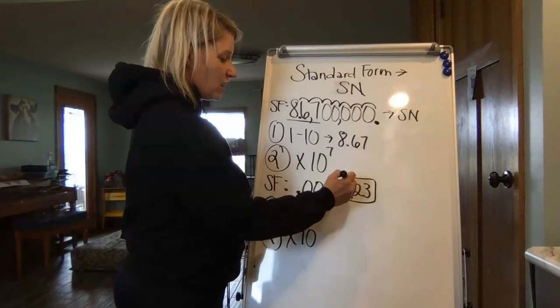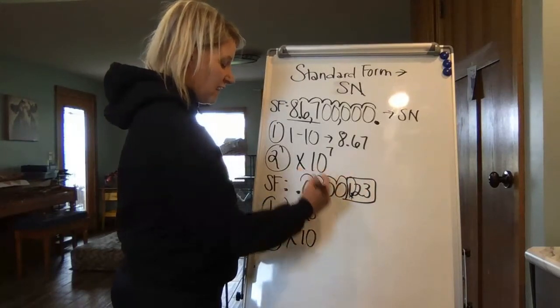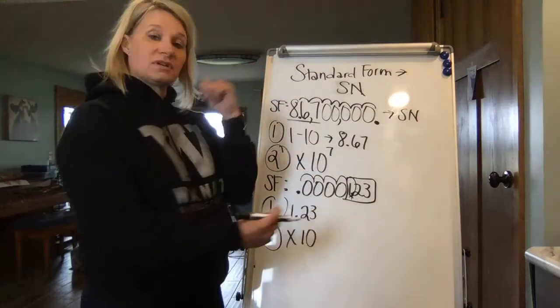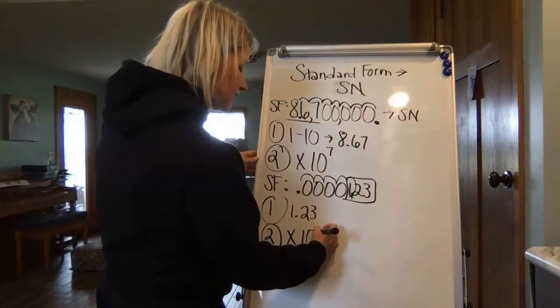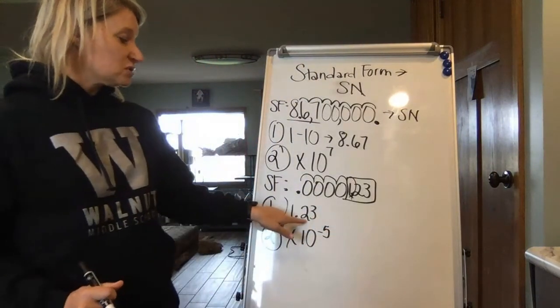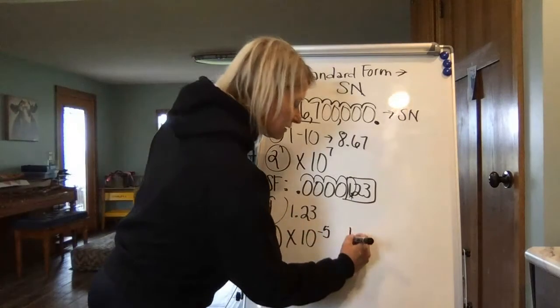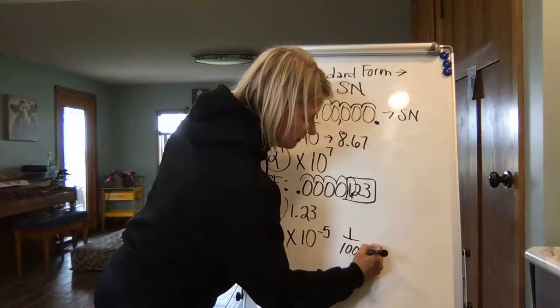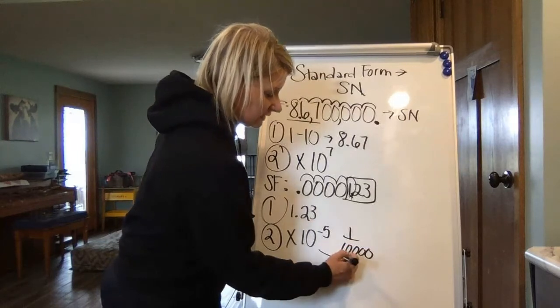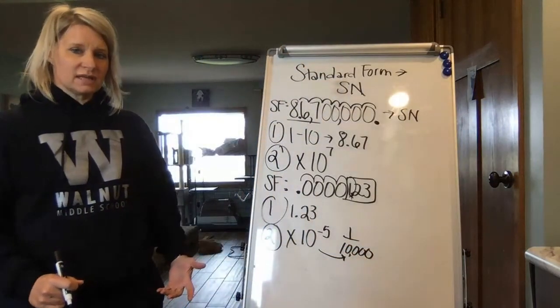I went 1, 2, 3, 4, 5. Since I went to the left, that means it's a negative 5. So you're taking 1.23 times 1/100,000. That's what this means. I hope that clarifies that for you.